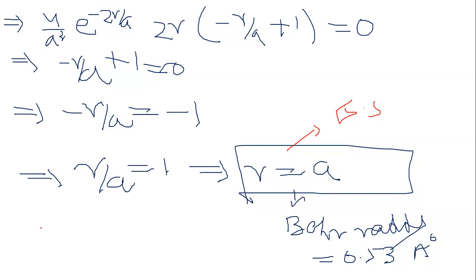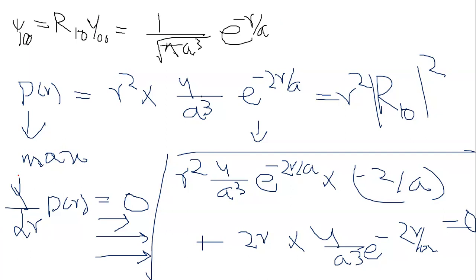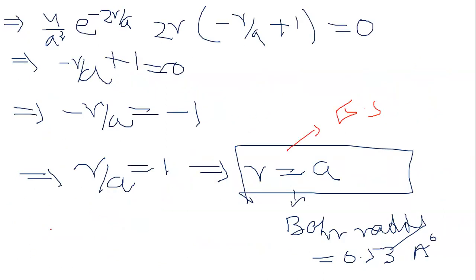In the previous class, if you remember, we had solved another question: what is the most probable distance of the electron in the first excited state of the hydrogen atom. In case of the first excited state, if you want to calculate in this way, you need to calculate the probability density, and for the probability density we need the radial wave function, and in that case the radial wave function will be R20.